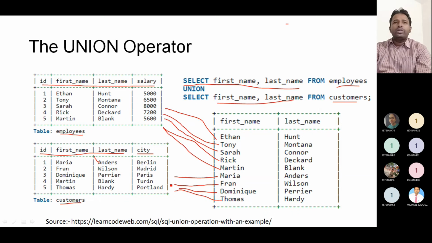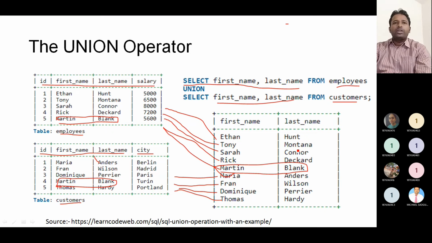But when you observe carefully, we have seen Martin blank in the employees table as well as the customers table. But there is only one Martin blank entry, one row, in the final result of the union operation.